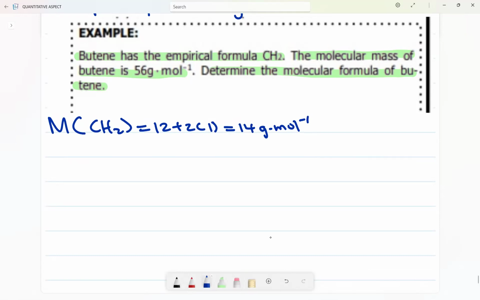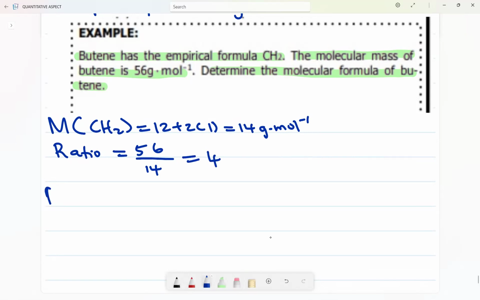Now let's get how much is butene. I need the ratio: 56, the biggest one, divided by the smallest one, and you'll get 4. Your ratio is 4.